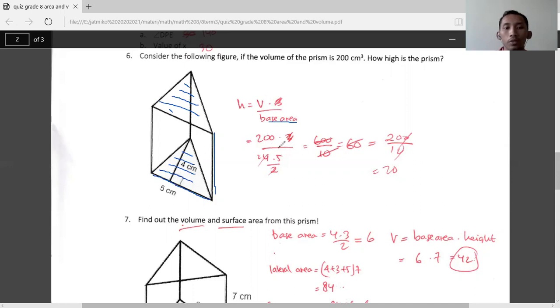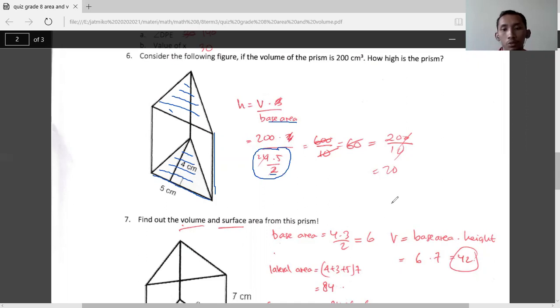So 200 divided by 4 times 5 divided by 2. Remember, this is a triangle. The formula is base times height divided by 2. Because some of you, I found that you did not divide by 2. And then some of you used 3 here because you think that is a pyramid.